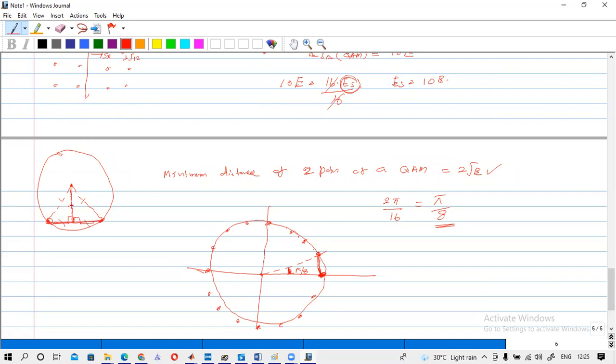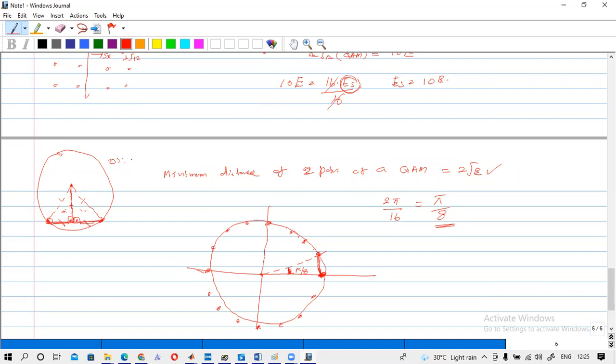This is common, and this angle and this angle are the same. So these two triangles are identical, and this section and this section will be the same.